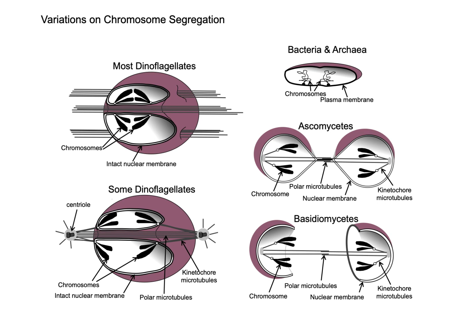In basidiomycete fungi, it's even a little more bizarre in that in the initial part of mitosis, the chromosomes are actually pulled out of the nucleus. The nuclear membrane eventually breaks down, but the chromosomes are pulled out of the nucleus by microtubules, and then microtubules form, including polar microtubules and kinetochore microtubules, and a new nuclear membrane forms around each one of those new nuclei.